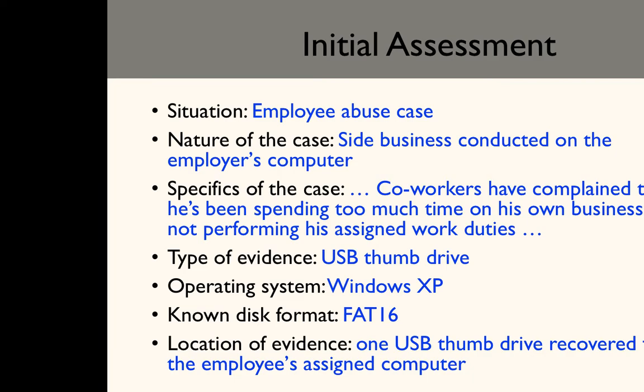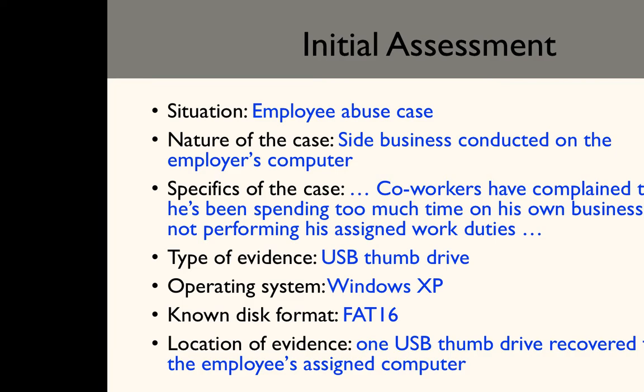So then the type of evidence is a USB drive, the operating system is Windows XP, and the disk format, usually for USB drives, they will use FAT. They will not use NTFS. One of the reasons is you want to use USB drives on different computers.